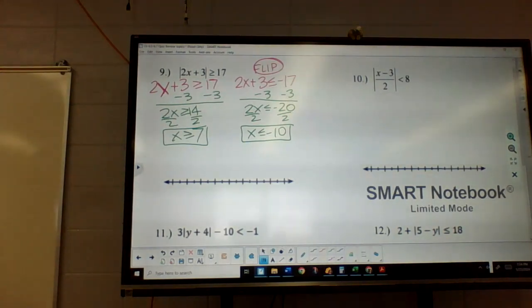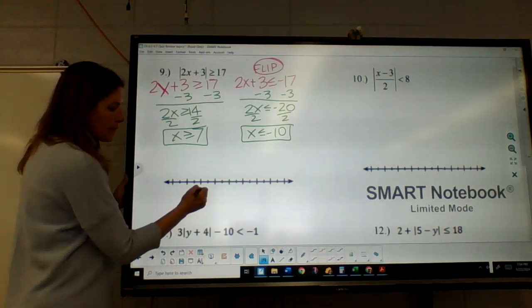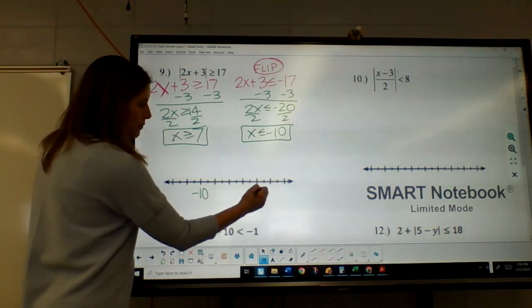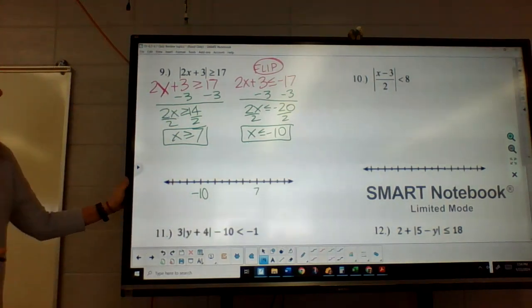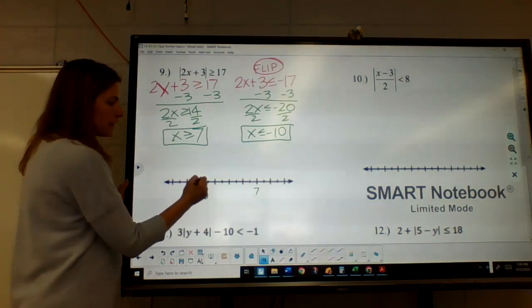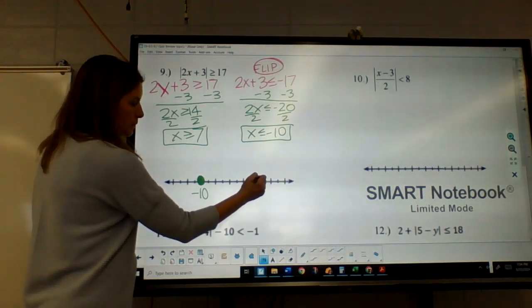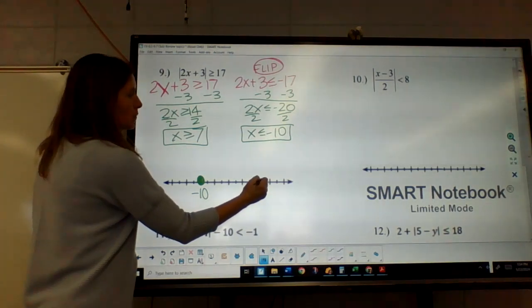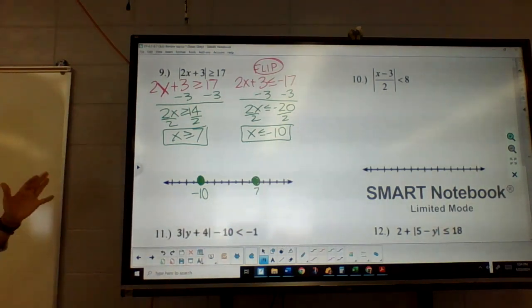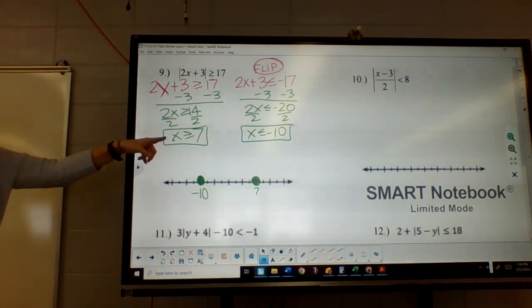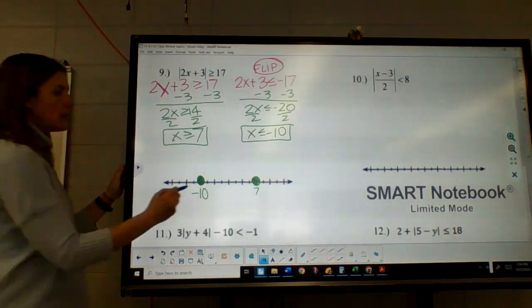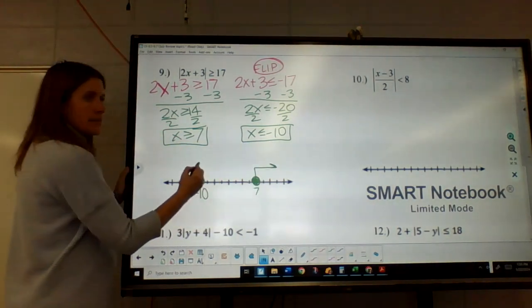There's my other answer. I go to put these on my number line. You don't have to count spaces. But this time it's going to be that filled in circle. And then we have to decide if it's an and or an or. It's greater than 7, but less than negative 10.